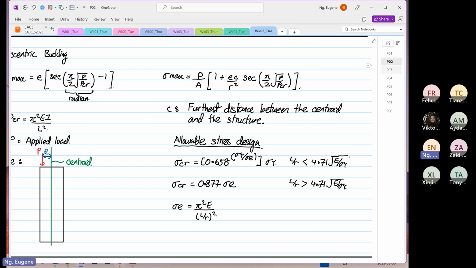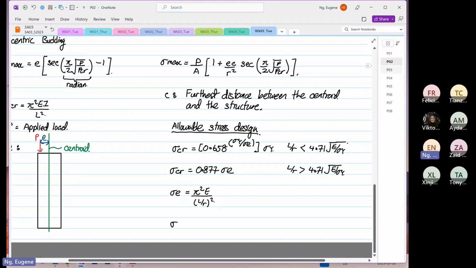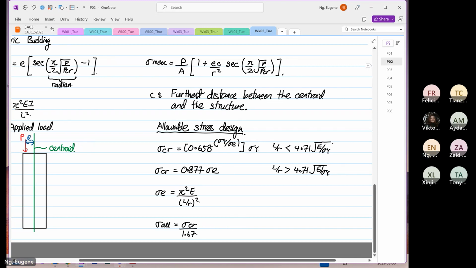And there's another formula that for the allowable stress design you have to apply, which is that the allowable stress is equal to the critical stress divided by 1.67. Okay.